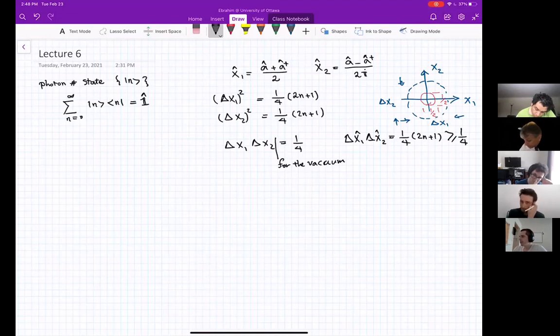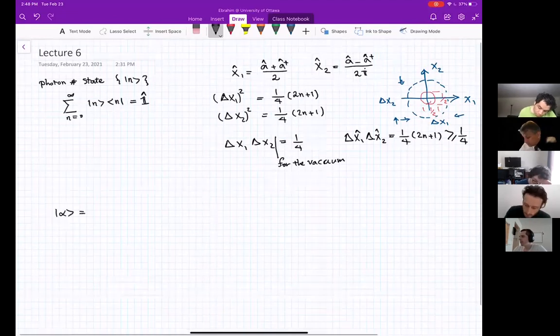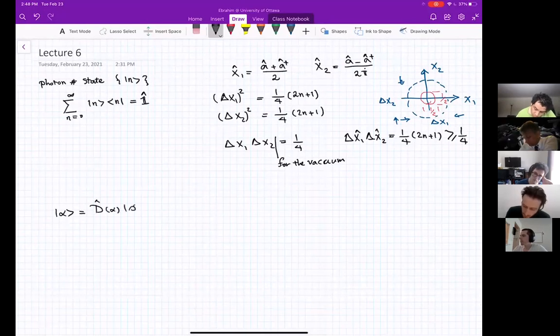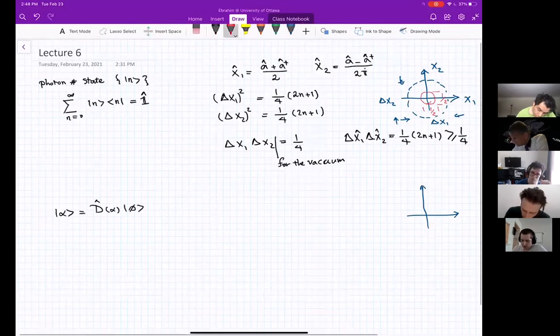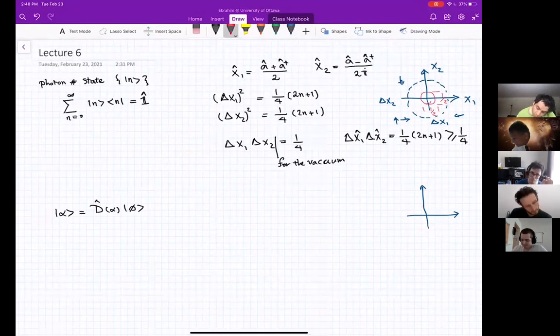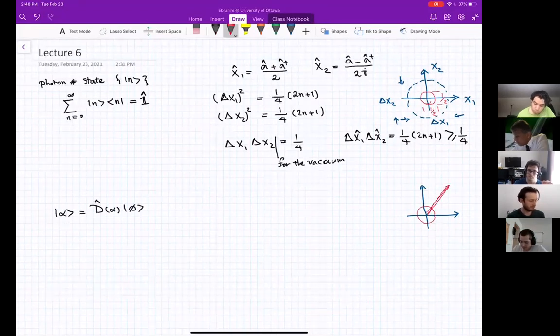However, the coherent state of alpha can also be built up by the displacement operator acting on vacuum. So essentially, in quadrature space or phase space, you take vacuum, which has minimum uncertainty, and you displace it in any direction that you wish. For example, you can displace it here.